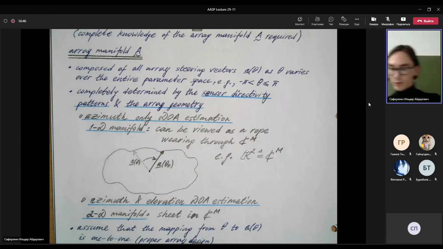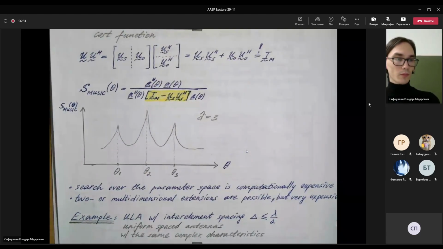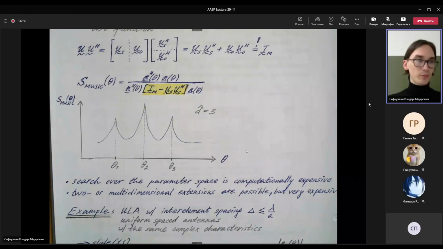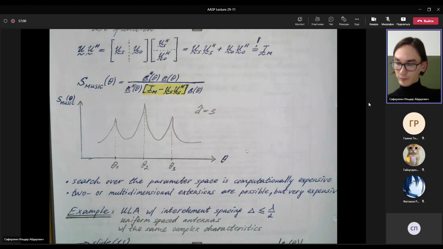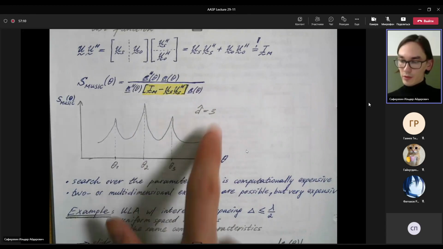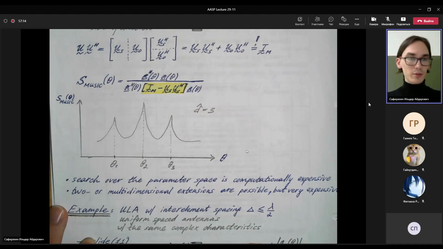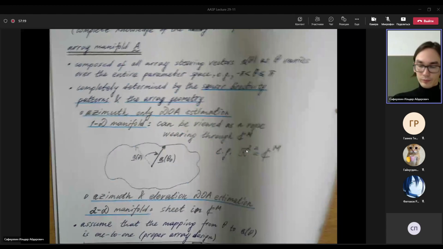And for this function S, we have only the theta value, and you can see we have a nice picture with three sources. In this case, we assume that we have three sources because we have three maximal points.